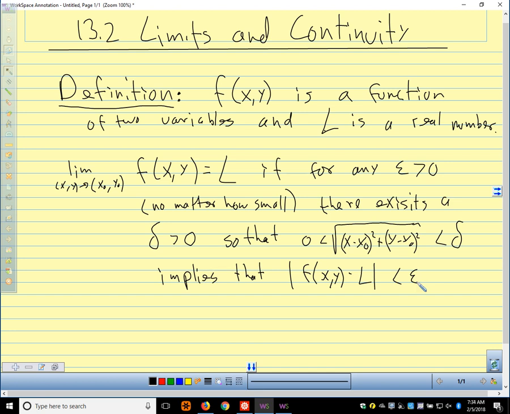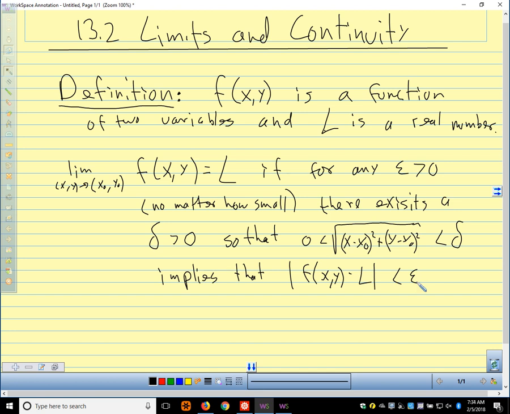So what we're saying is, if we want our function value to be close to the limit L, and this epsilon can be as small as we want, if the function has a limit, then we're guaranteed that we can find some delta value, so that if x and y are within that distance of (x0, y0), that guarantees us that our function is within epsilon of our limit.